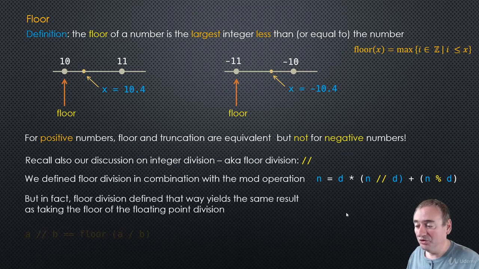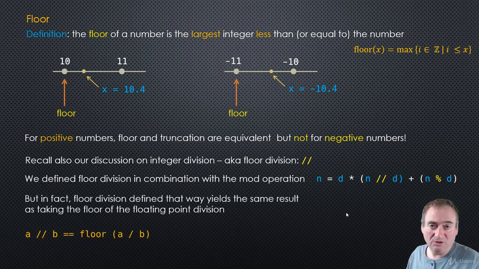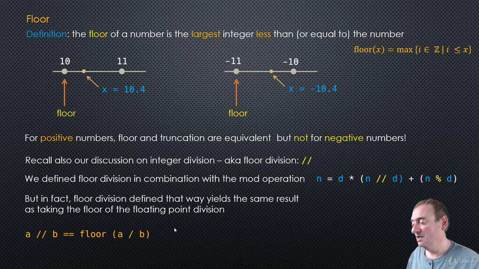Now in fact, the reason why it's called floor division is because it's defined this way: a div b is precisely equal to the floor of a divided by b. So that's why we call that a floored division. And if we use this definition for floor division, then it will drive the definition of the mod operator, and it will always satisfy that equality. Okay.